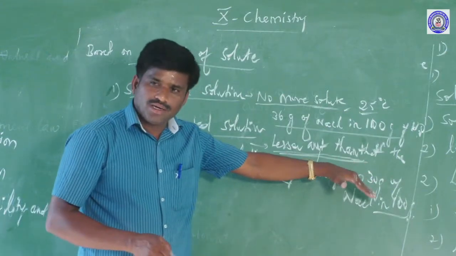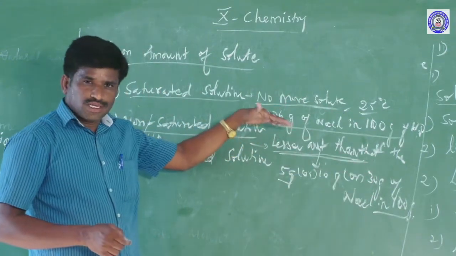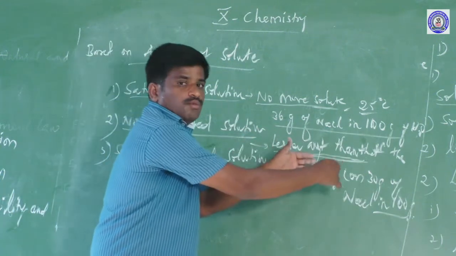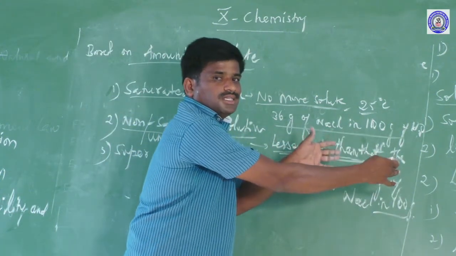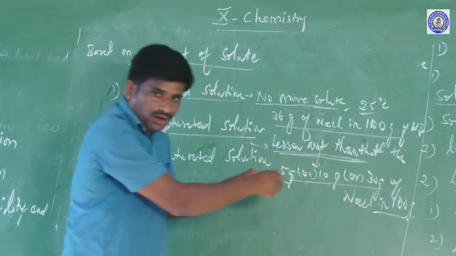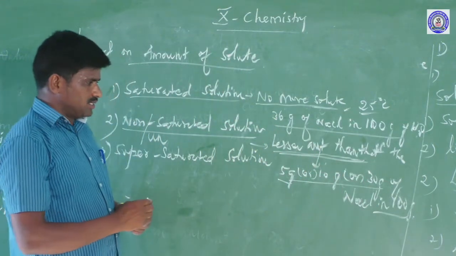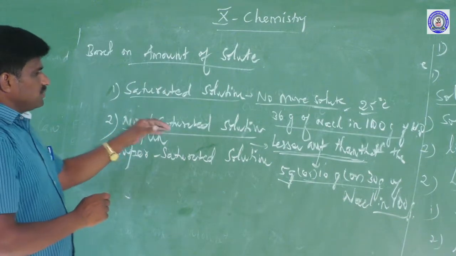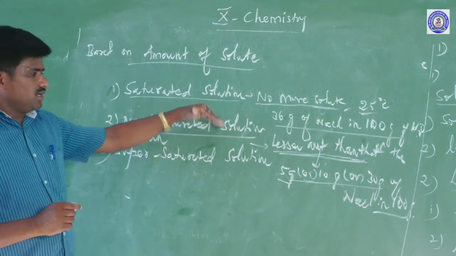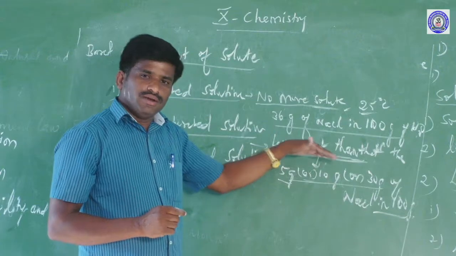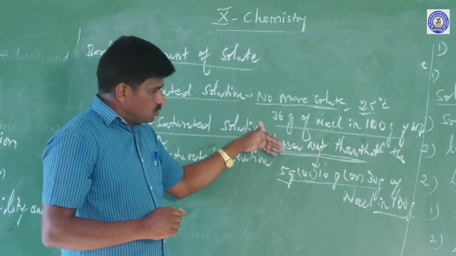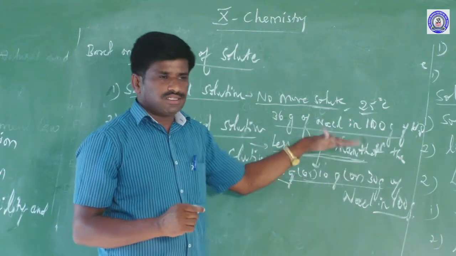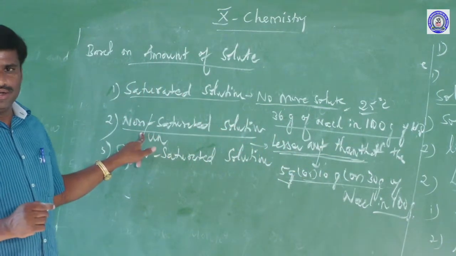We know the saturated point of sodium chloride is 36 gram. So whatever amount is added up to 36 gram, such solutions are called unsaturated solutions. What is the definition? An unsaturated solution is a solution in which solute is added in a lesser amount than the saturation.